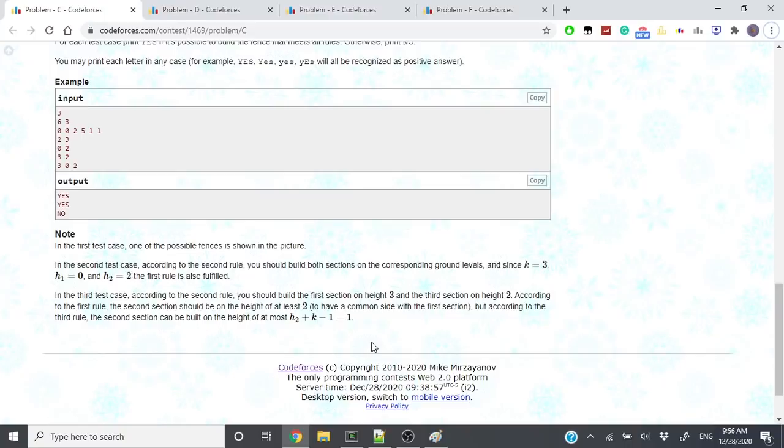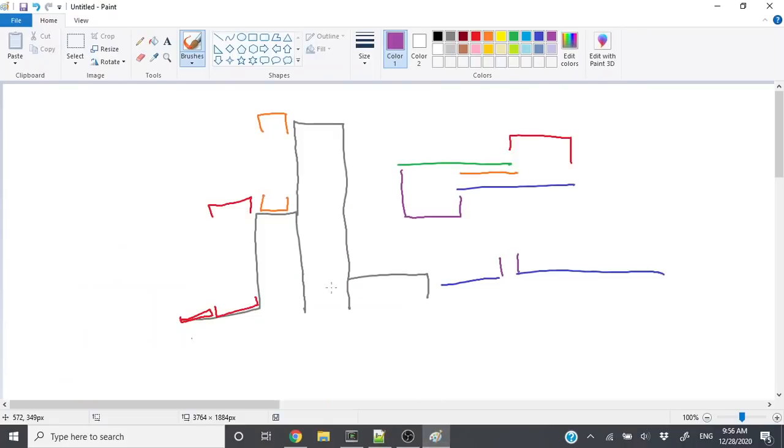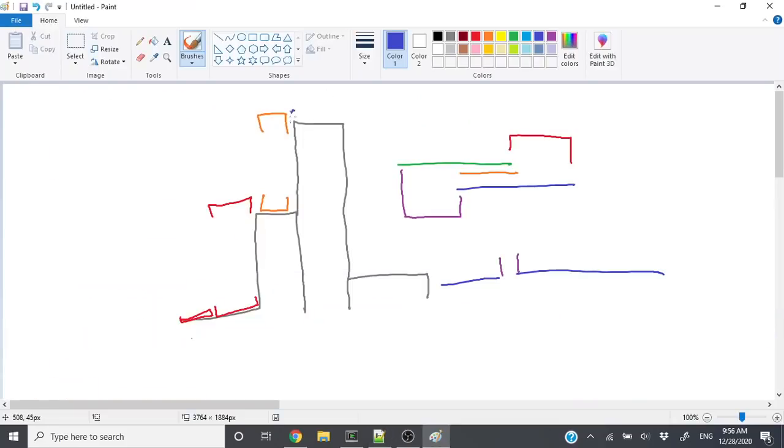And then from there, we want to figure out, since this interval is constrained based on the previous one, for example, here we have this range, and here we have this range for placing the interval based on the constraints of this height. We also have the constraint that it has to match with the previous interval.